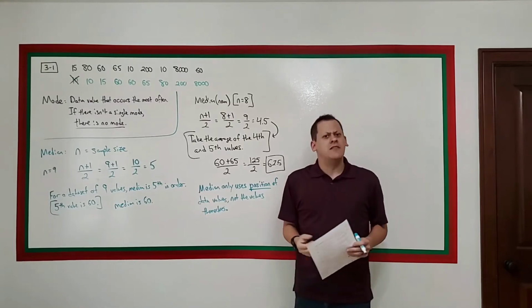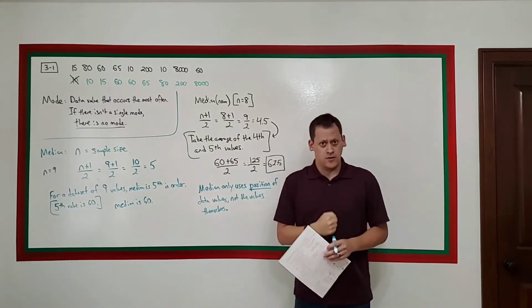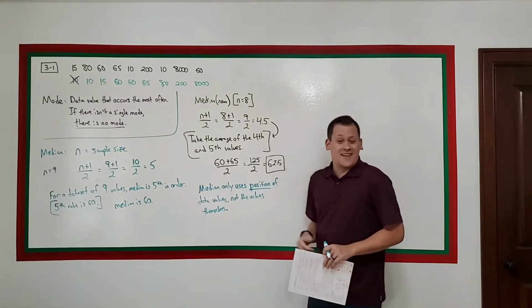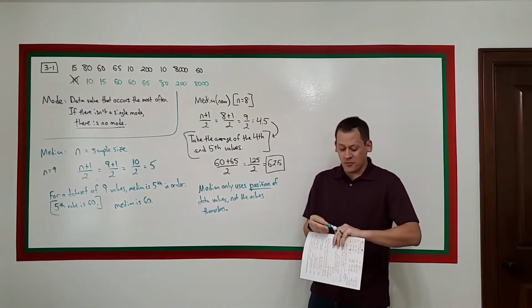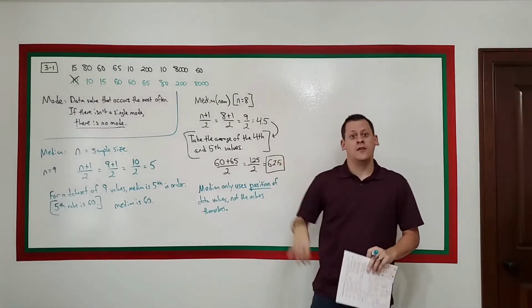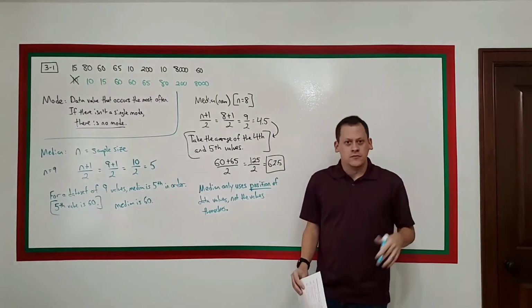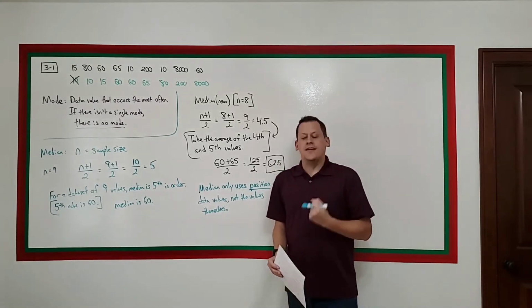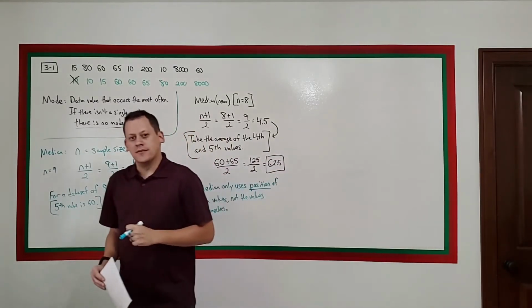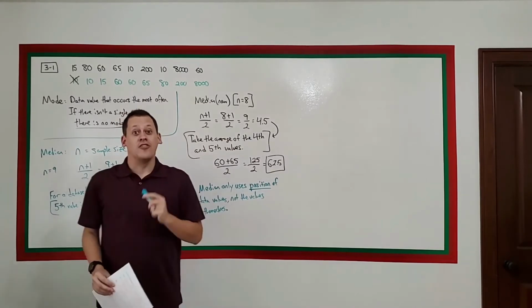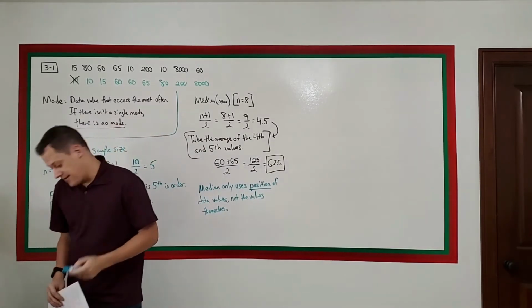We want every data value to feel important and valued. And the median just doesn't care. It's taking all the numbers except for the ones in the middle and saying, don't care. So you're in the data set, whatever. We want every data value to be important. And that's where our third and final measure of center comes in.